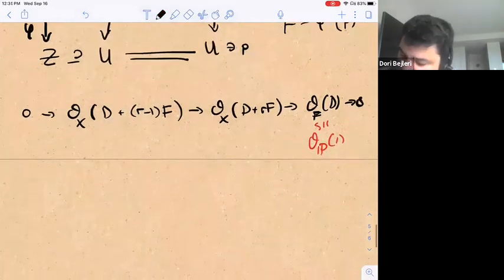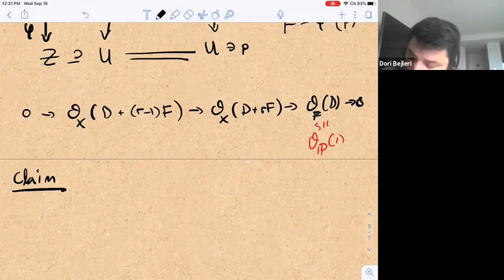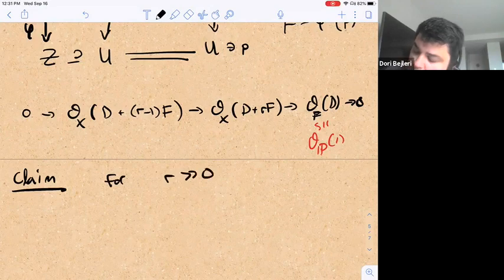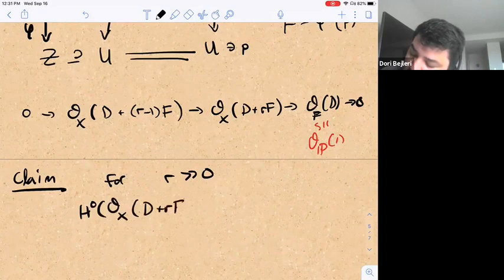So now maybe the first claim is that if I take global sections here, then for r very large, this map is actually surjective.